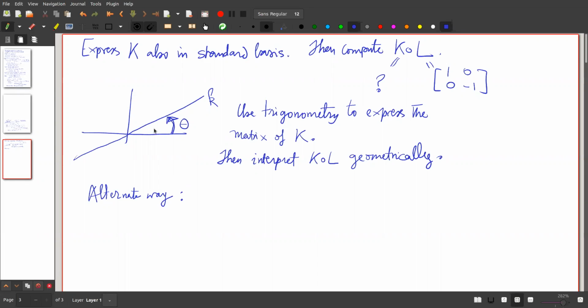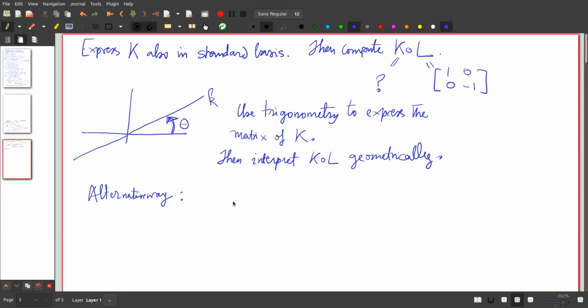Okay, you are giving me the solution to this? Yes, sir. Okay, very good. Why don't we discuss the solution next time so that others also have a chance to think about it? Okay. Is that okay? Okay, sir. Yeah, and then K of L you can compute and see what you get, and then interpret it geometrically.